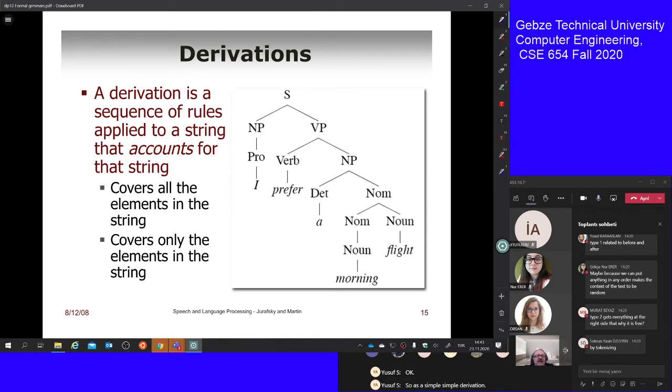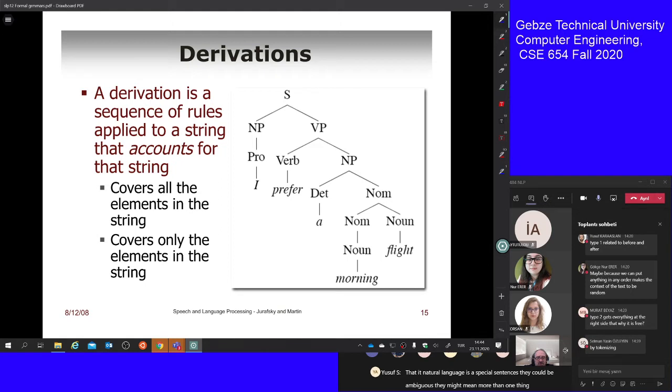Sometimes I can have more than one derivation for the same sentence. In that case, I would say that there is ambiguity for that sentence, and it might happen. That's what we said at the beginning of the semester, right? That natural languages, especially sentences, could be ambiguous. They might mean more than one thing.